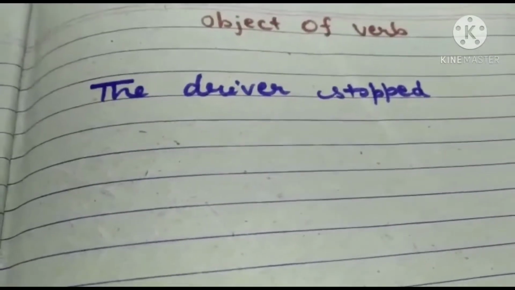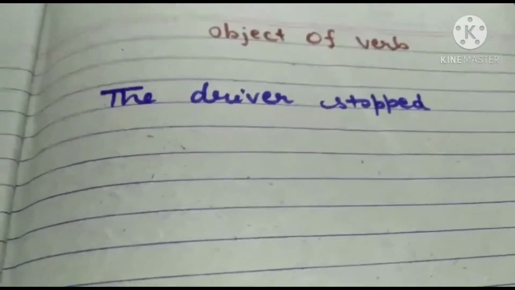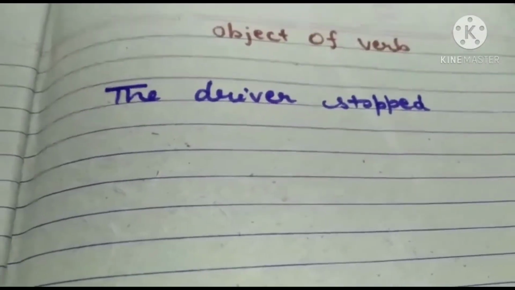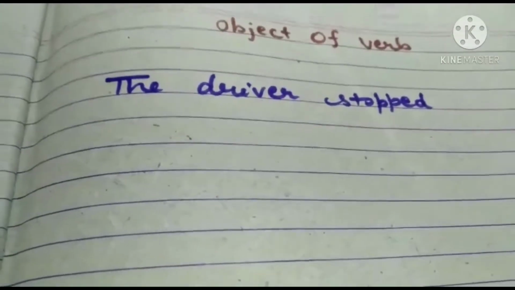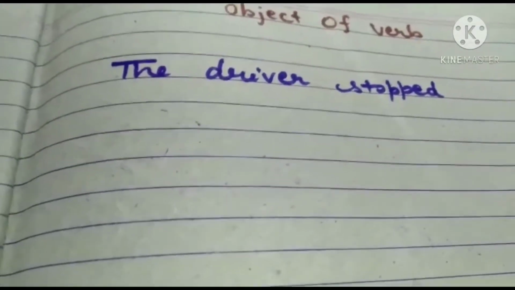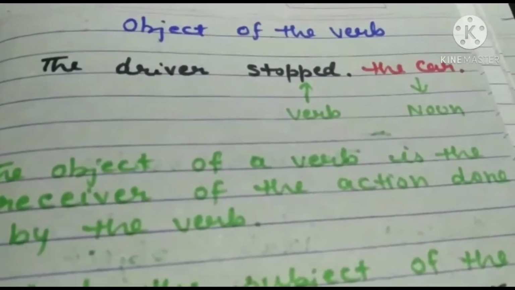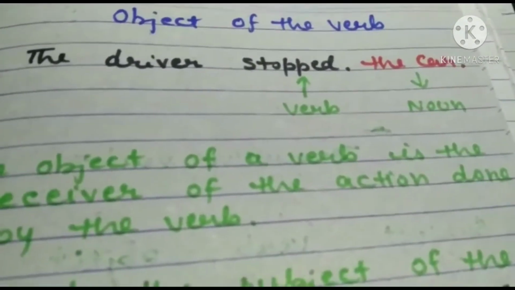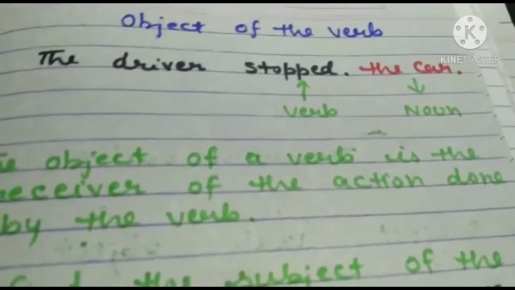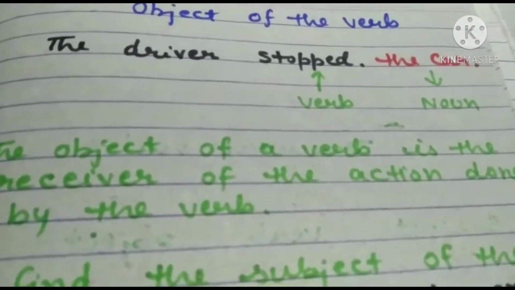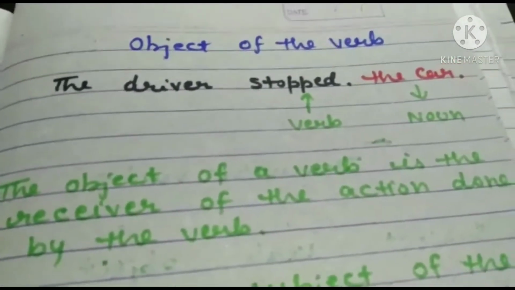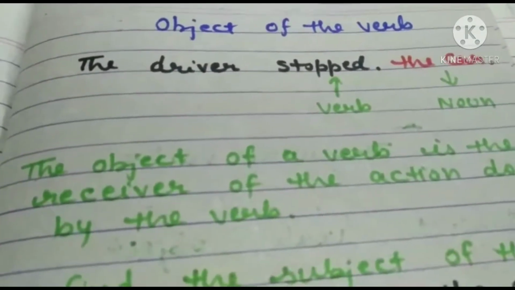Because it is not clear what the driver stopped. Let us complete it: the driver stopped what? The car. I hope you understand. Now it makes complete sense.